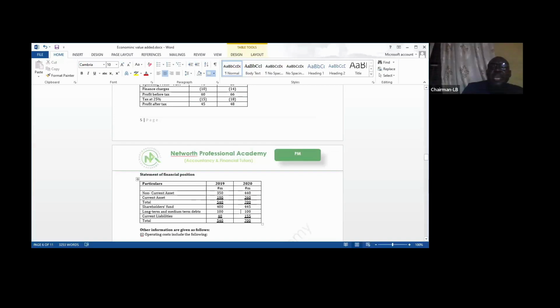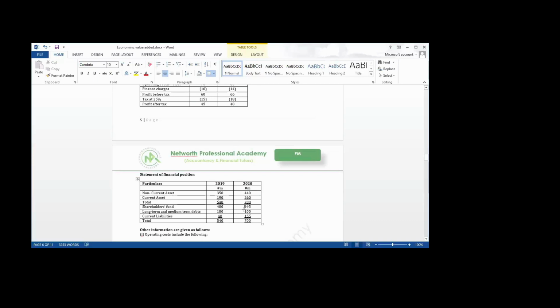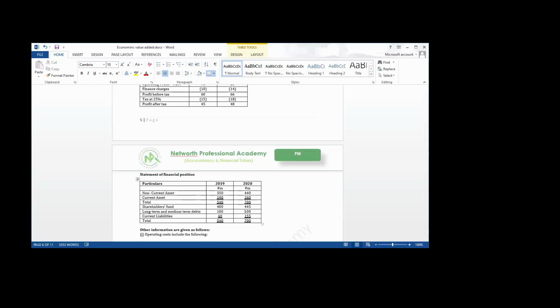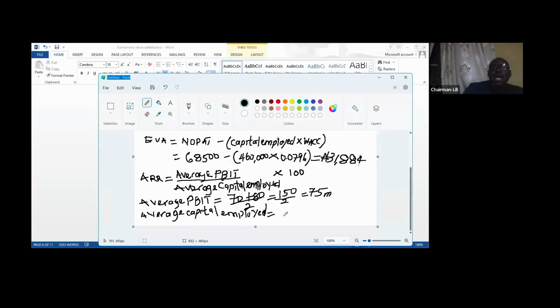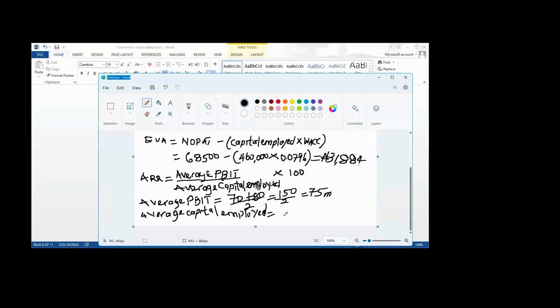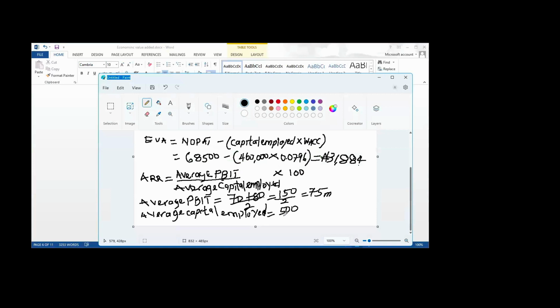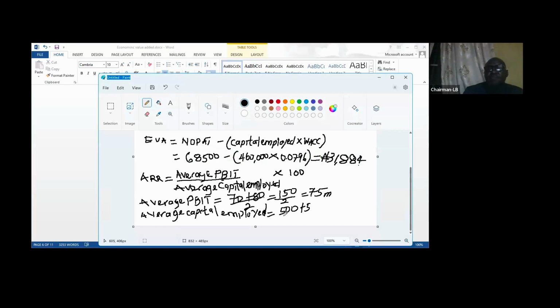Capital employed in 2020: 445 plus 100, that is 545. I can come to this place now and say average capital employed: in 2019, 500, plus 2020, 545.